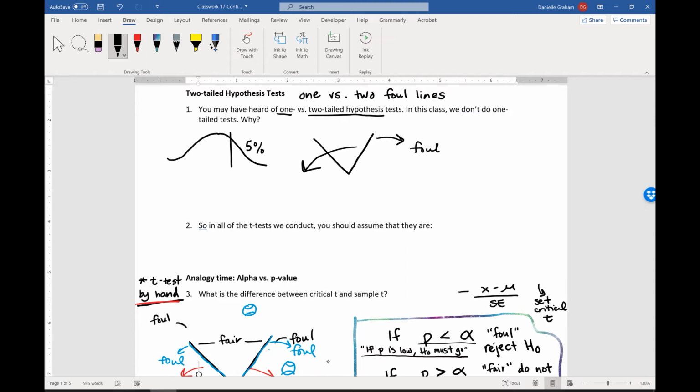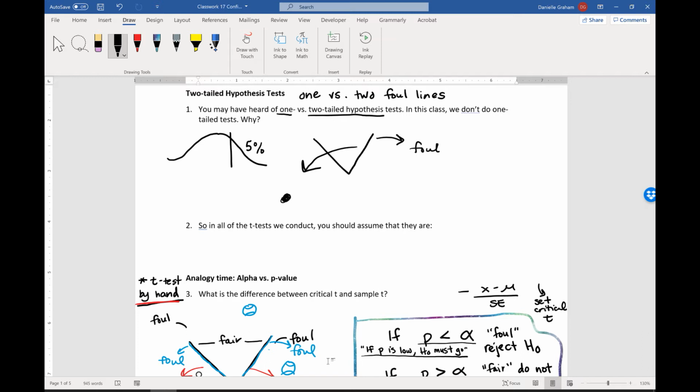It could be way over here and that would still count as fair in this version of baseball. There's only a right hand foul line, right? It could go way up behind and hit somebody in the crowd and it would still be considered fair if we were using a one-tailed version. We could get a baseball landing way over here and it would still say, that's fair. That's okay.